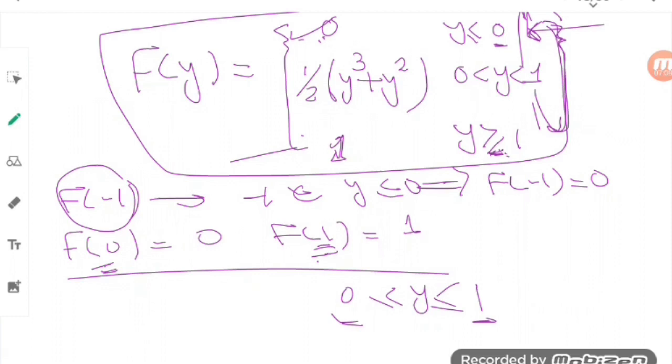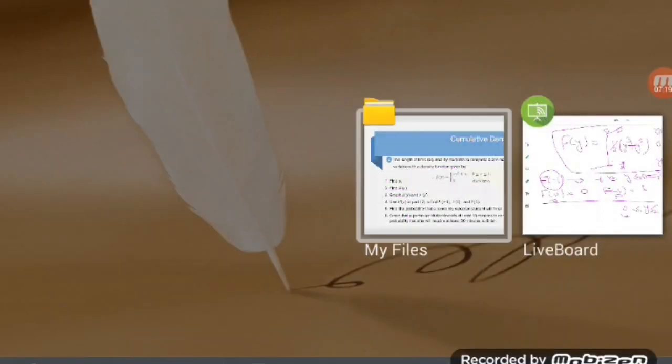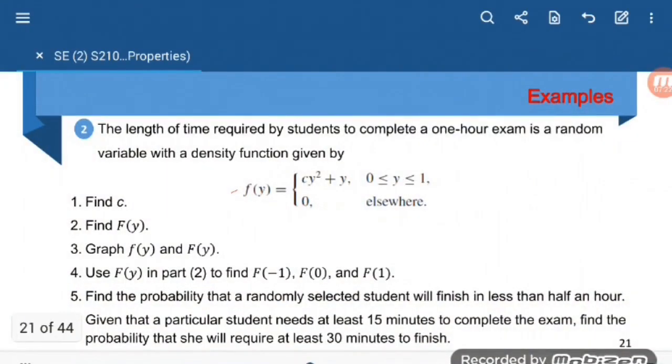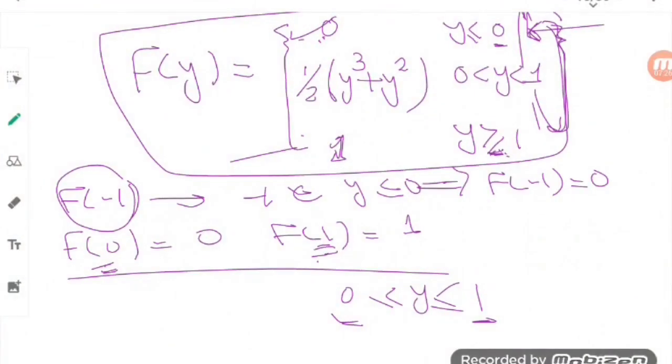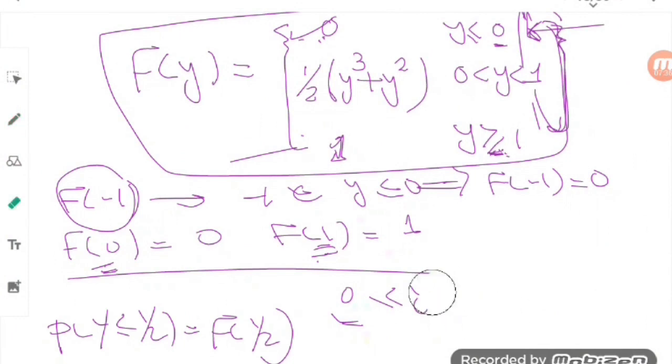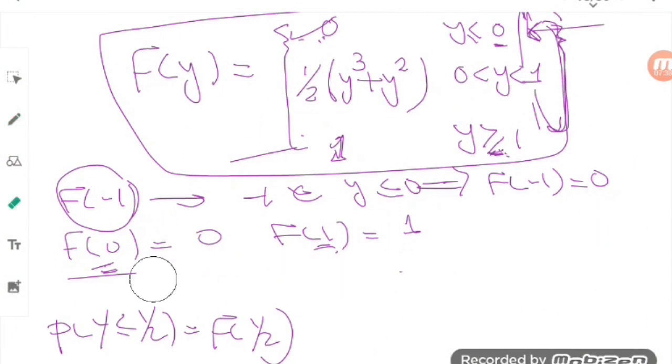To find the probability that the student finishes the exam in less than half an hour, we need to find the probability that y is less than or equal to half, which is capital F at y equal to half. So all we need is to substitute half in the formula of the cumulative distribution function.